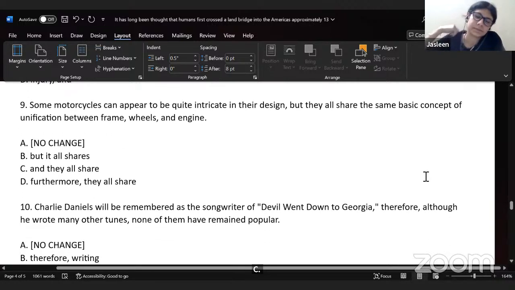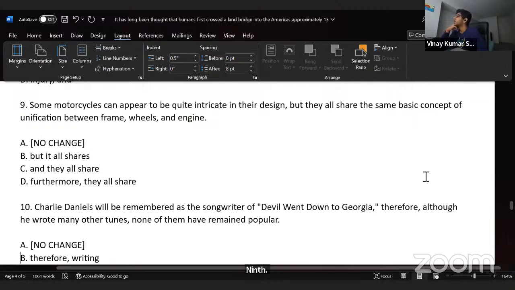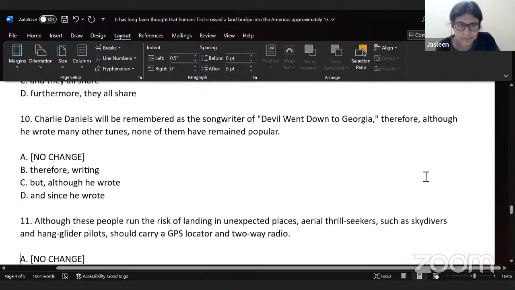Ninth. Some motorcycles can appear to be quite intricate in their designs, but they all share the same basic concept of unification between frames, wheels, and engines. A. Yes.